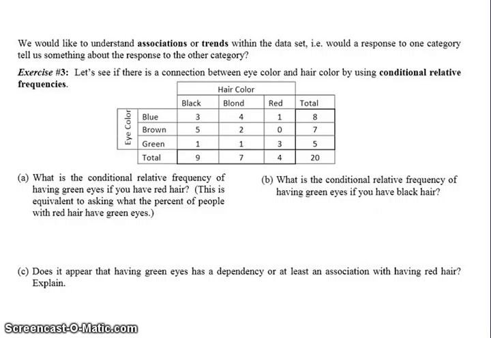All right, let's see what else we can do with this. We would like to understand associations or trends within a data set. In other words, please underline this, would a response to one category tell us something about a response to the other?